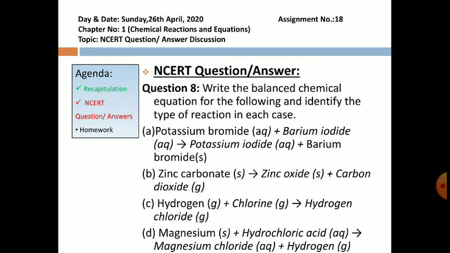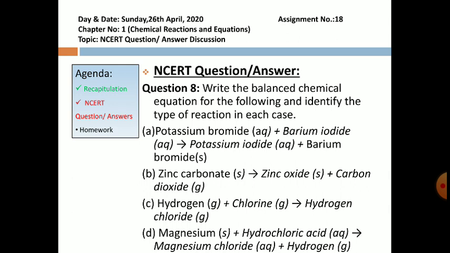Now question number 8. Write the balanced chemical equation for the following and identify the type of reaction in each case. We have to balance the chemical equation and name which type of chemical reaction it is. First one, A is potassium bromide KBr plus barium iodide BaI2 gives potassium iodide KI plus barium bromide BaBr2.